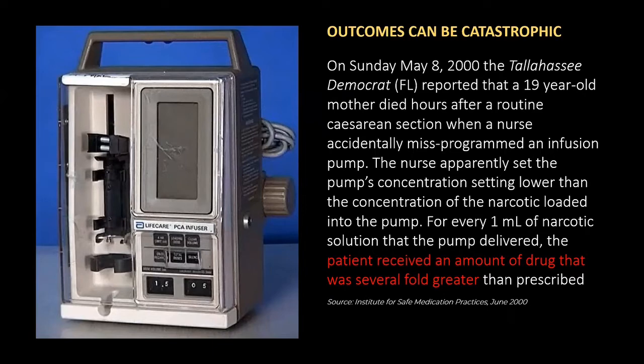So for every ml of narcotic solution that the pump delivered, the patient was actually receiving an amount of drug that was several-fold greater. Now, you can only imagine the human damage that that did to the various people that were involved. And it's all because of lack of clarity and the design of the user interface not being done properly.